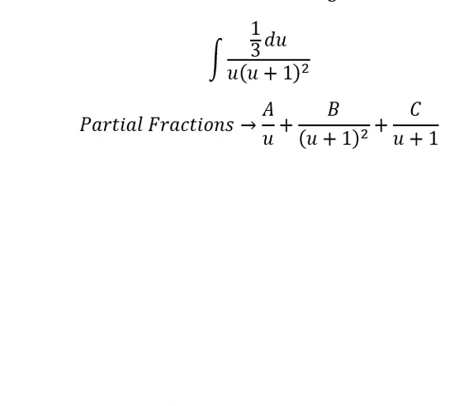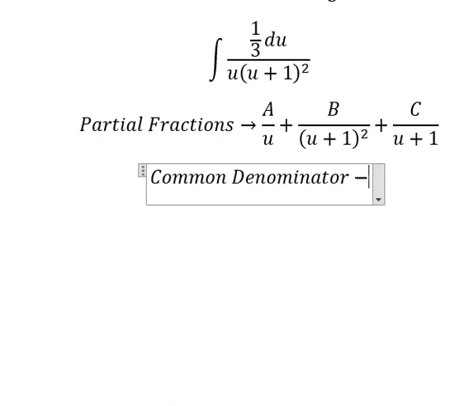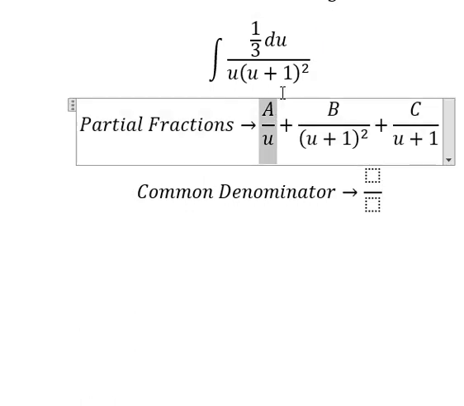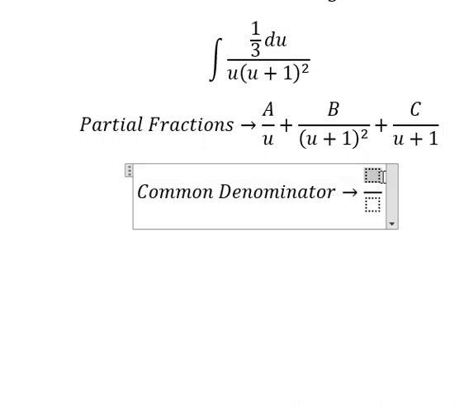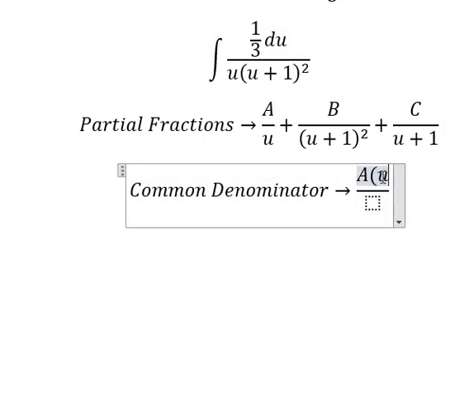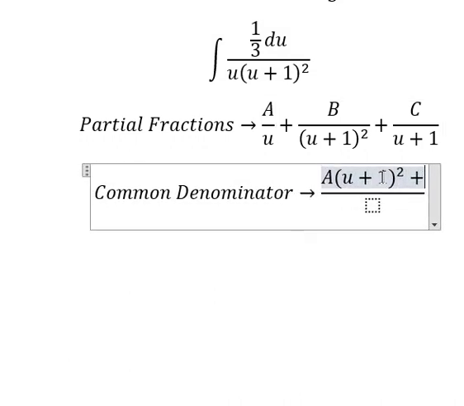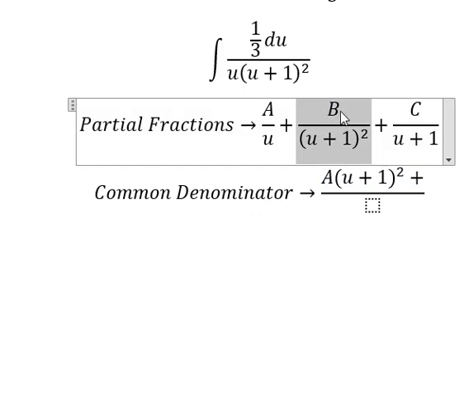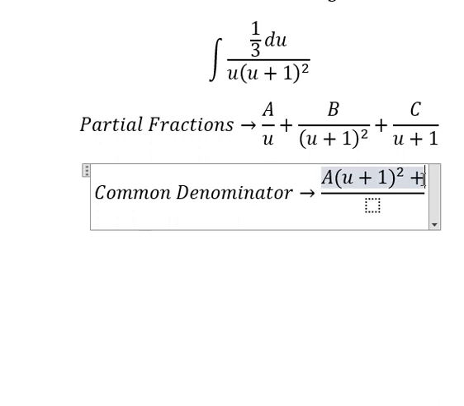Now we can do the common denominator. This one is missing (u plus 1) to the power of 2, so capital A is multiplied by this one. This one is missing u, so capital B is multiplied by u.